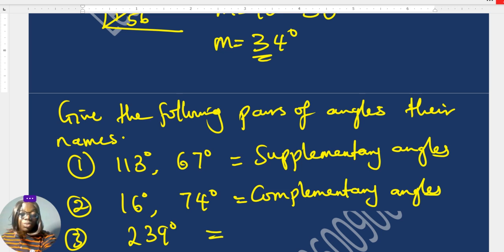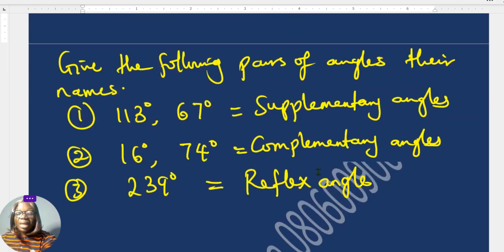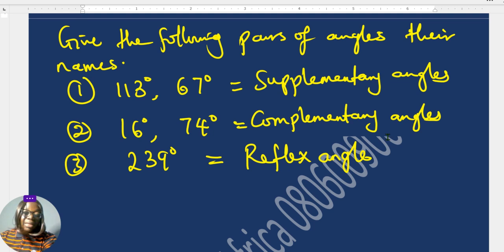Now look at this, 239 degrees. What kind of angle is 239 degrees? This kind of angle is known as a reflex angle. A reflex angle is greater than 180 degrees but less than 360 degrees. Now what kind of angle is 49 degrees?